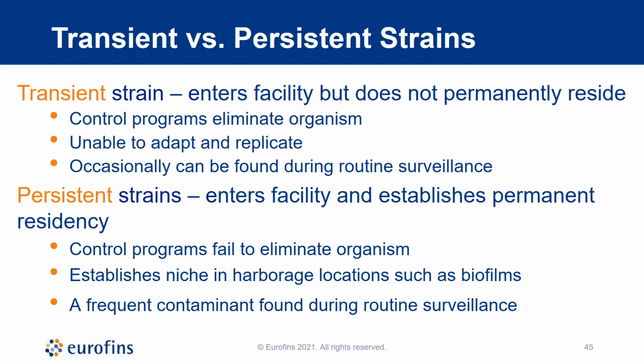Versus a persistent strain, this is a strain that has established residence in your facility. If it establishes residence on your direct product contact zone 1 surfaces, and you never test those surfaces, how will you know whether you've got a persistent strain on that equipment near product contact surfaces?